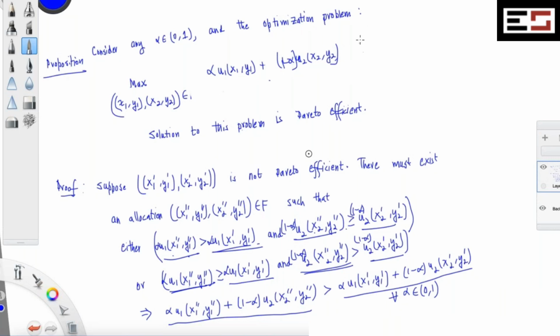So this problem is identical to this problem. Basically, let me just tell you, this problem is identical to this problem.